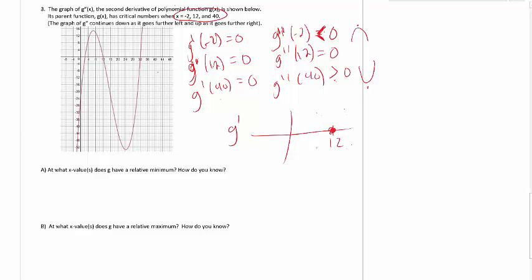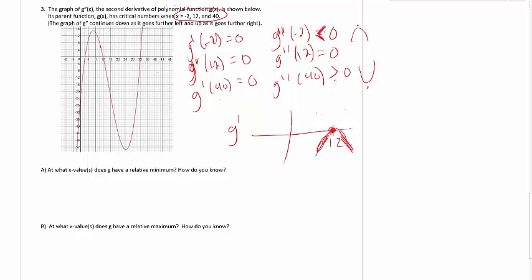So I wonder what g prime's derivative is doing around here. Well, g prime's derivative is g double prime. G double prime changes from positive to negative values around x is 12, which means g prime changes from increasing to decreasing slope around x equals 12.